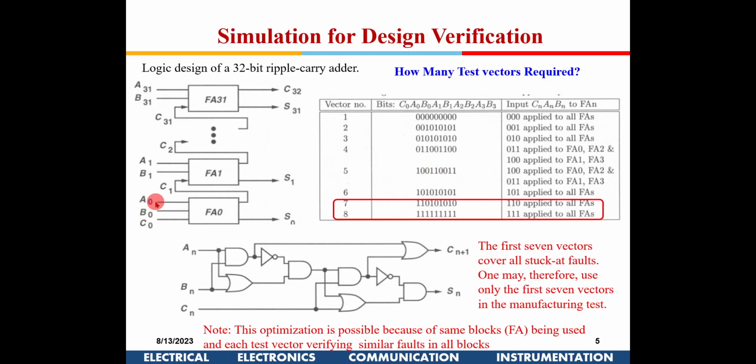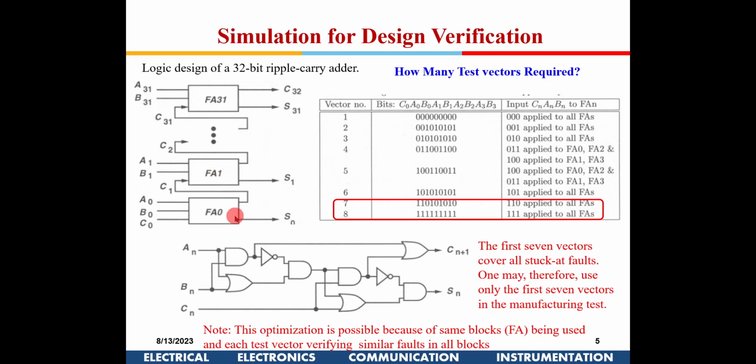If I am going to apply that, this 1 needs to be generated, so that needs to be taken care of. So this is how with just 8 test vectors I can ensure that all the full adders are checked for the functionality.